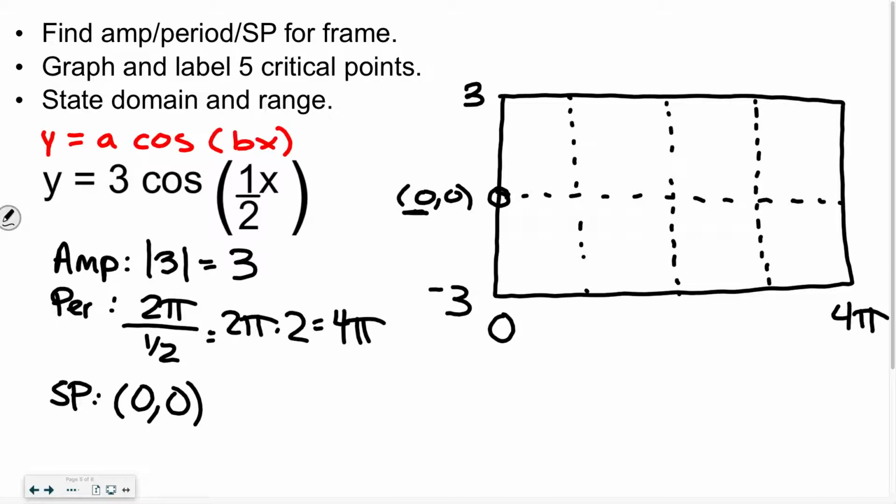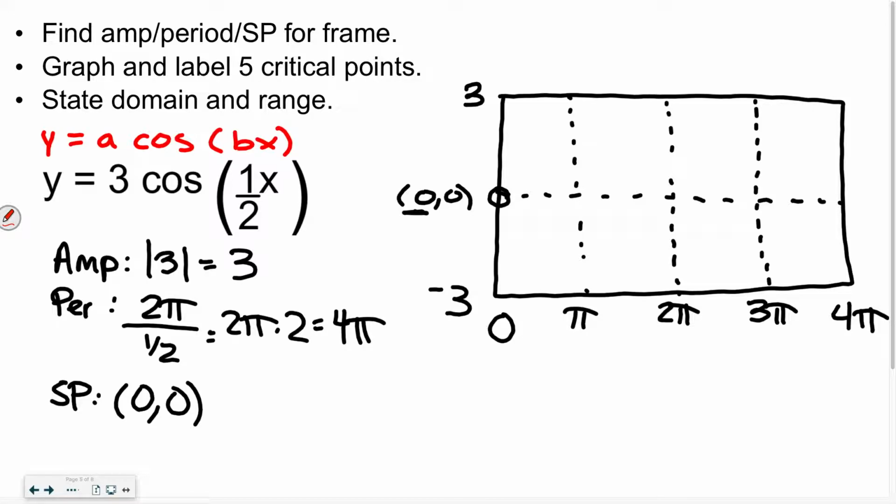What's in between 0 and 4 pi? 2 pi. And cut it in half again. What's in between 0 and 2 pi? 1 pi. And 2 pi and 4 pi? 3 pi. So that one's very easy. I could cut that in half all day, right? No problem. Some of them aren't quite so easy if they have fractions. So that sometimes gets people.